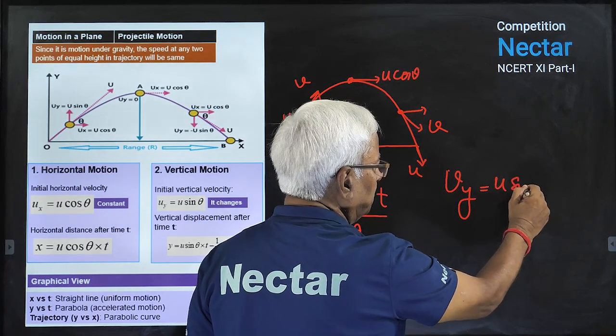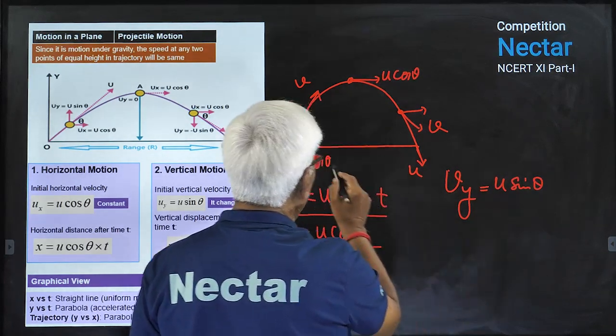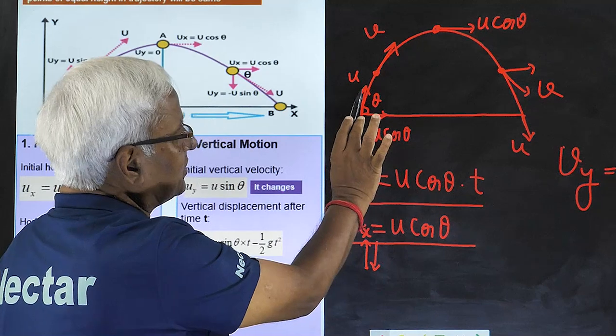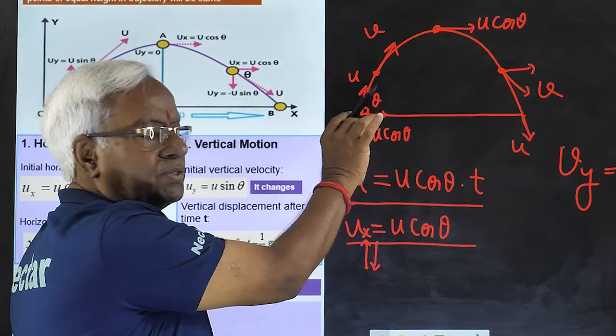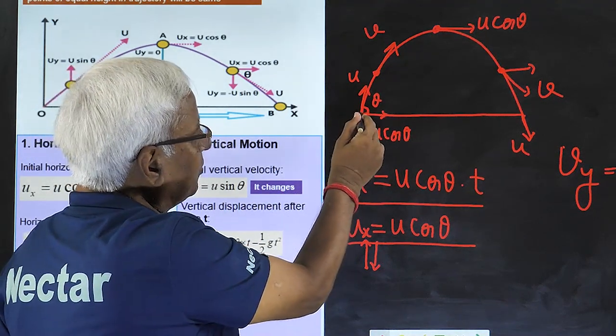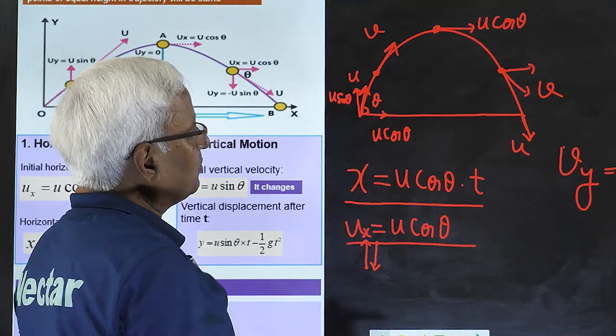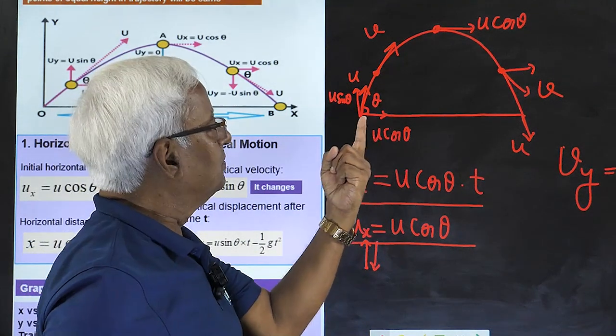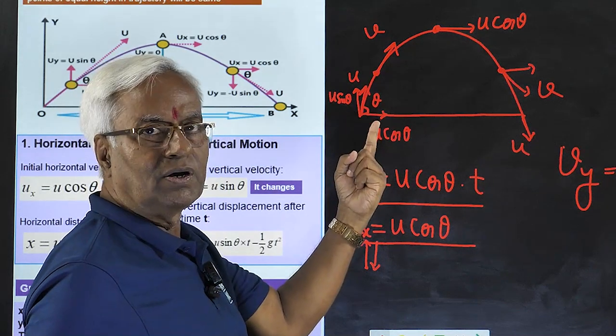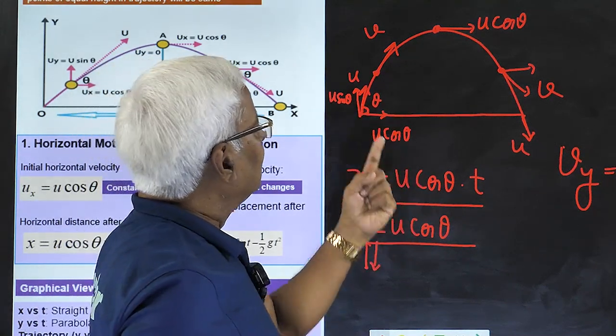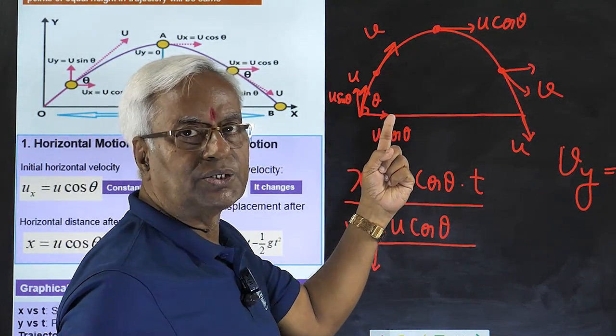In place of u, the initial vertical velocity, see here. This is velocity of projection. This is horizontal component. Now the vertical velocity will be u sine theta. I'm sorry, it's a bit inclined, but consider its vertical velocity u sine theta. Initial vertical velocity.